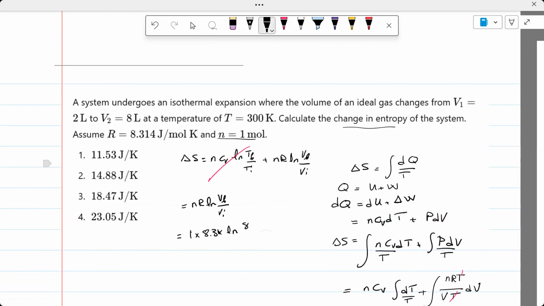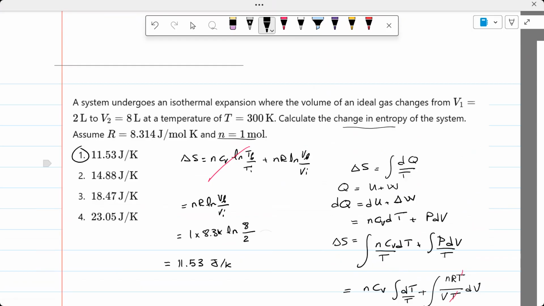V final is 8, V initial is 2, so you can calculate delta S. Let me see if I found the final answer. Yeah, you would get 11.53 joules per Kelvin. This is answer 1.